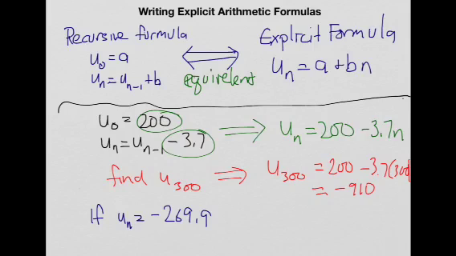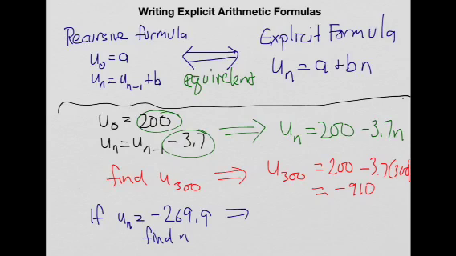But where this becomes even nicer is what if I went the other way around and I said u sub n equals negative 269.9, find n. In this case, you have to write out the table and keep looking to find that elusive negative 269.9 and find out where that shows up on the table.